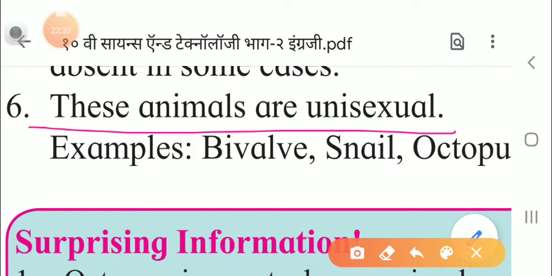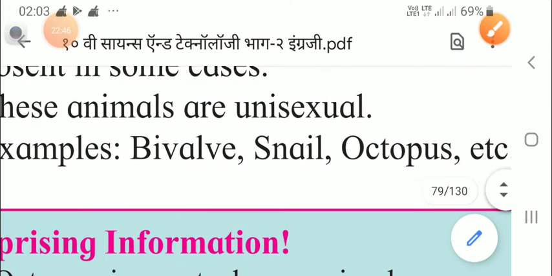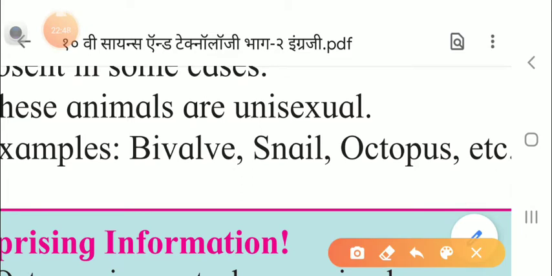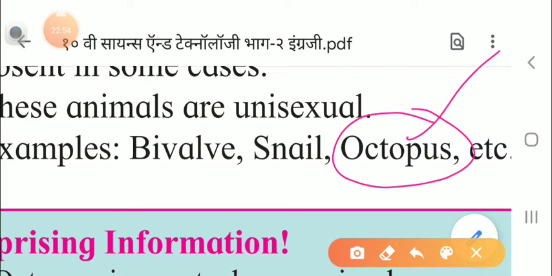Now examples of these are bivalve, which you call CP, and snail. Then what is the next example, children? It is octopus. So these all are examples of mollusks.